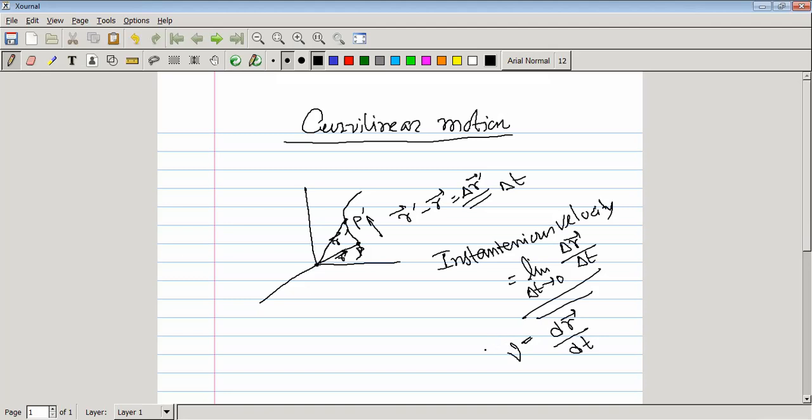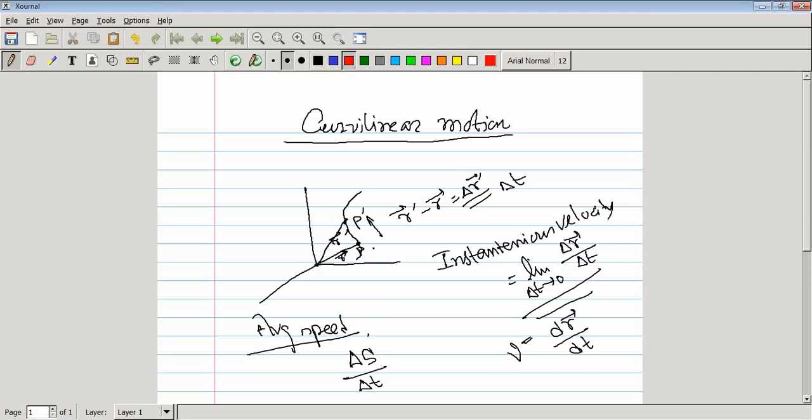Now if we want to find out the average speed, it is nothing but the amount of displacement within that specific interval, right? It means it follows a path.